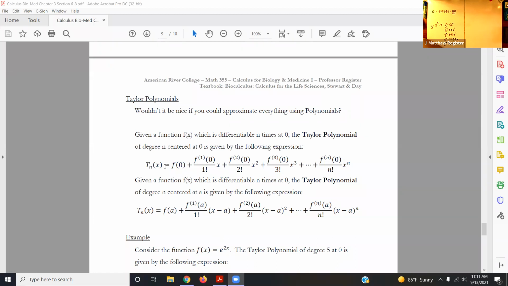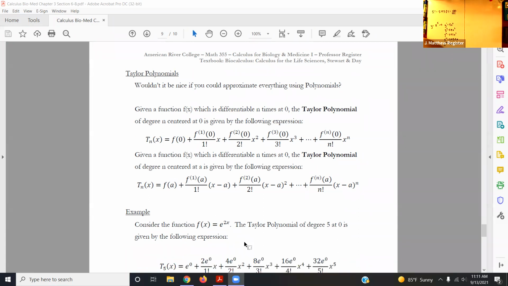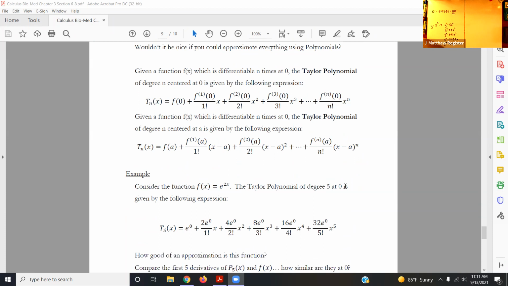Let's see what this looks like for a few different examples. I've got the example e to the 2x here, and it says the Taylor polynomial of degree 5 at 0 is given by this expression. So T5 of x is equal to e to the 0, plus 2e to the 0 x. Well, e to the 0 is just 1. I don't know why I kept that e to the 0 in there all the way.